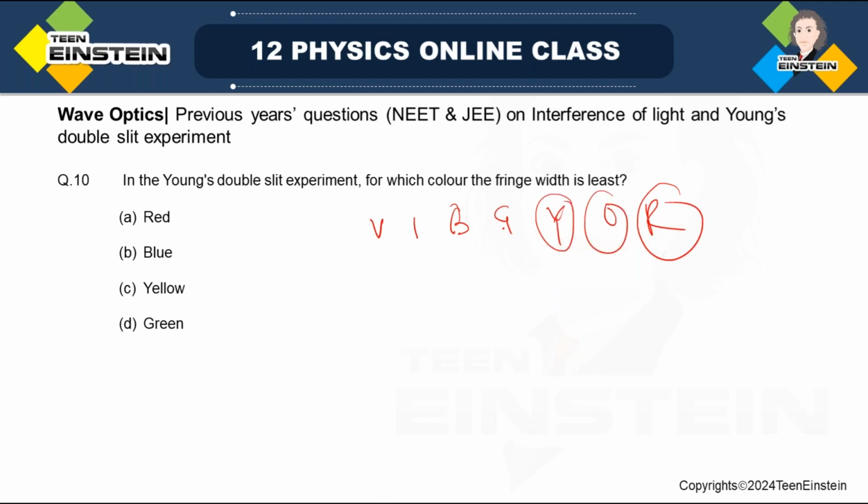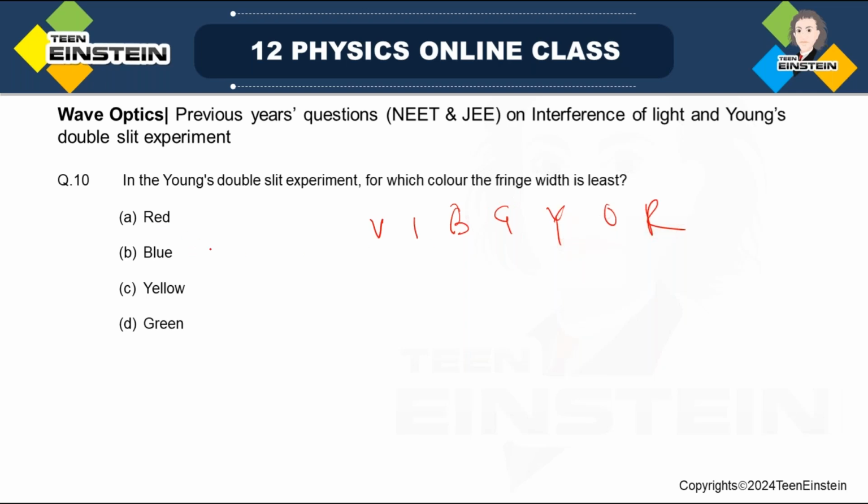So least fringe width means the lowest wavelength we have.